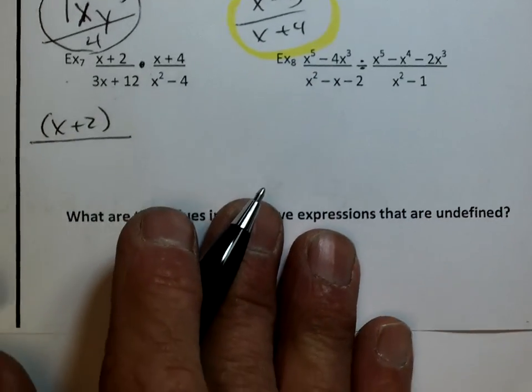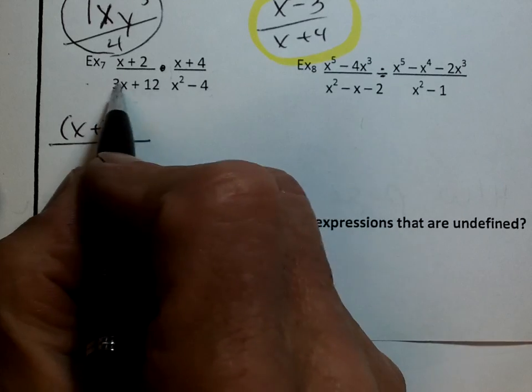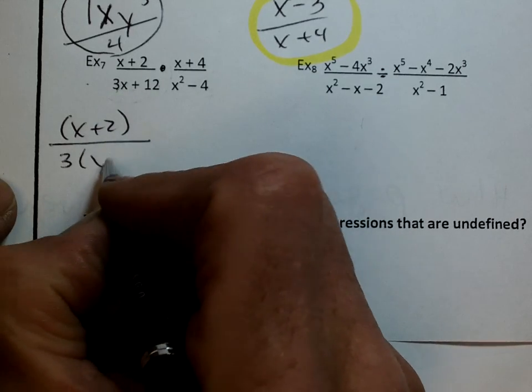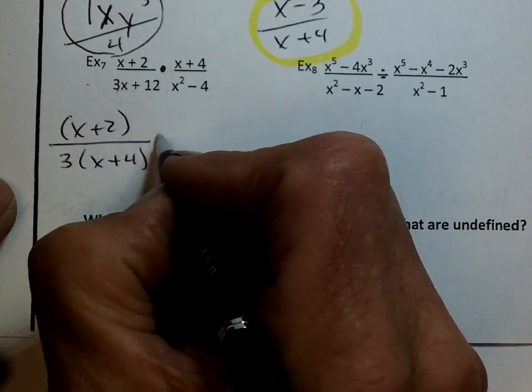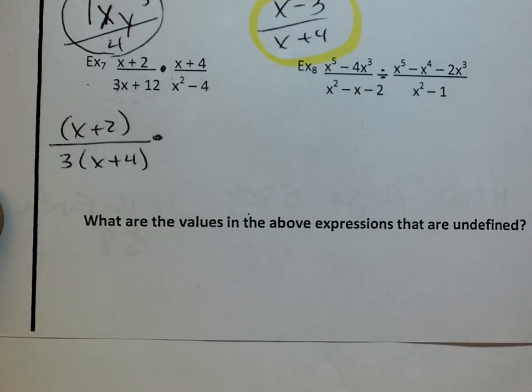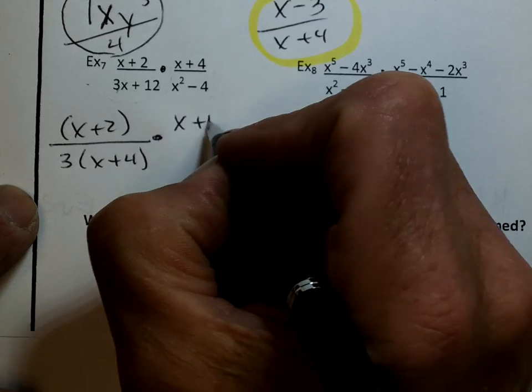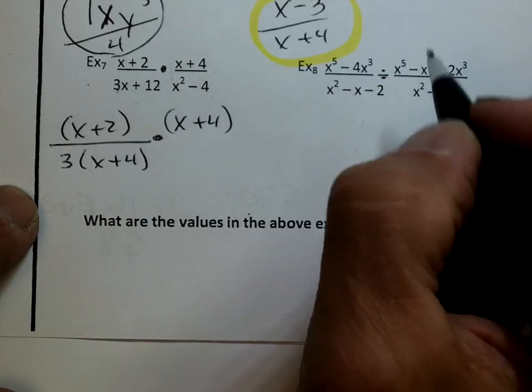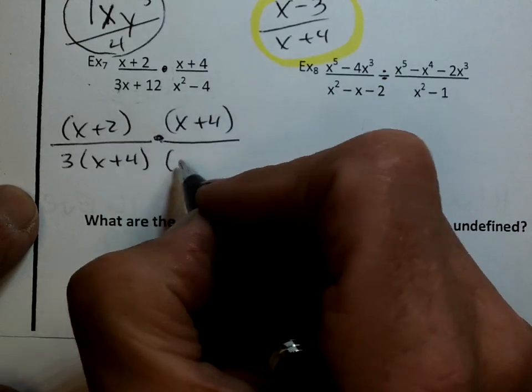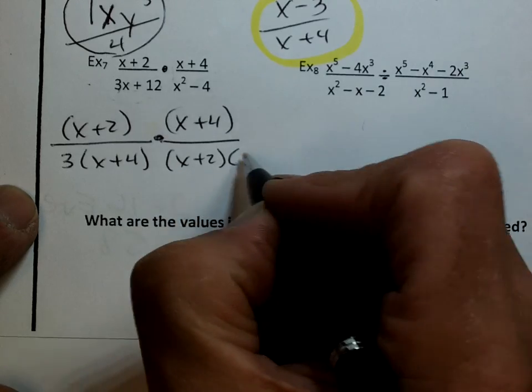Over, take out a common 3, and I'll have an x plus 4. Okay, well that doesn't do me any good, but maybe on the other side I'll get a little help. X plus 4 can't factor, but that's okay. It's going to cancel, isn't it? Over, this factors into x plus 2, x minus 2.